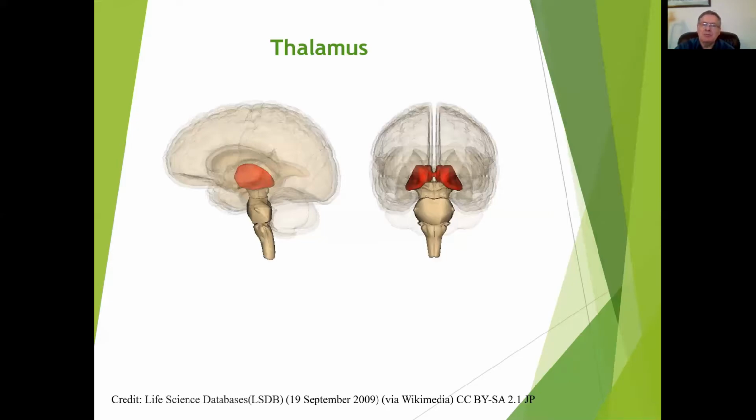So basically, all other sensory pathways go directly to the cerebral cortex via the thalamus. Also, motor pathways, for example, from the cerebellum and basal ganglia, also travel to the premotor and primary motor cortex areas of the cerebral cortex via the thalamus.